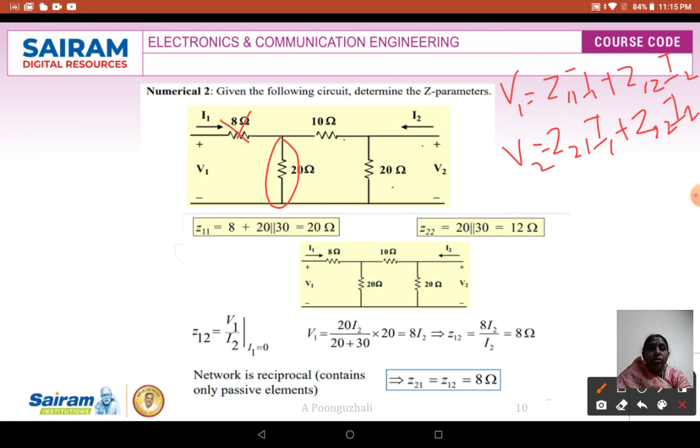Z12 is nothing but V1 by I2. So V1 here in this case, this is your V1 equation. V1 is nothing but 8I2 by I2.